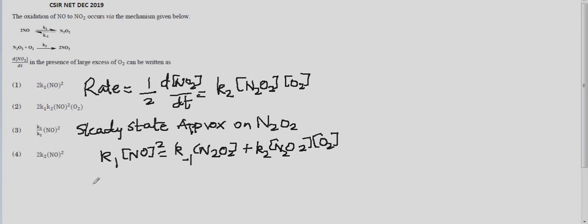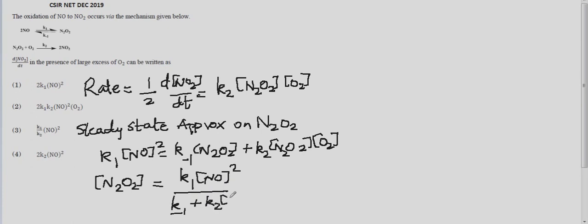So we are just rearranging this expression to calculate [N2O2], that is given by k1 [NO]squared divided by k-1 plus k2 [O2].